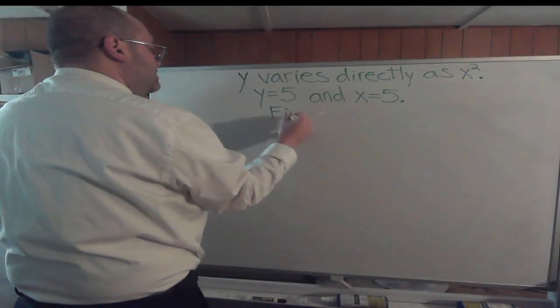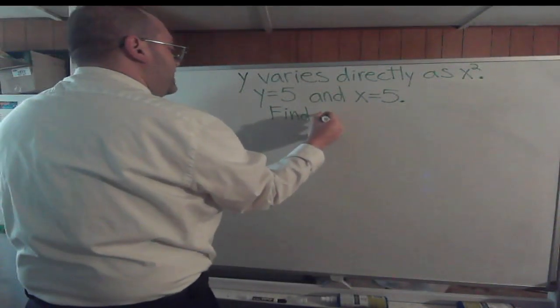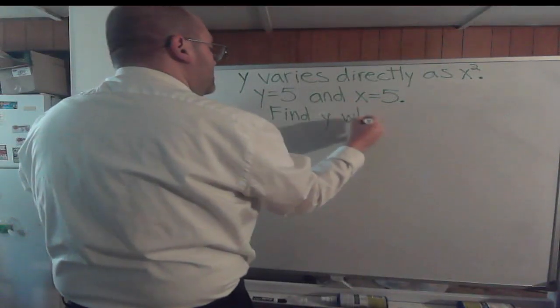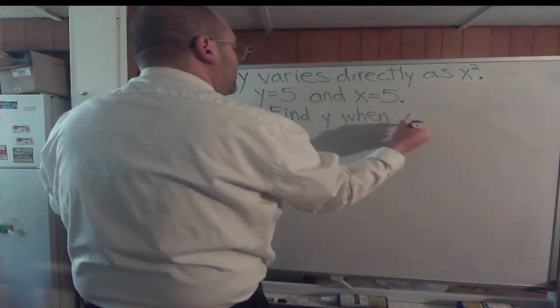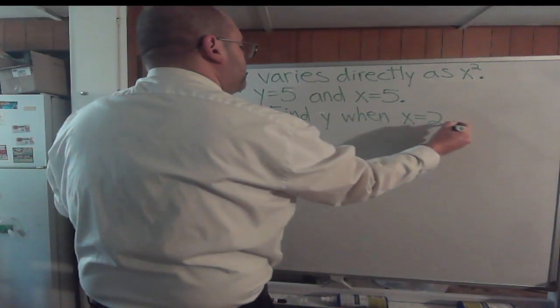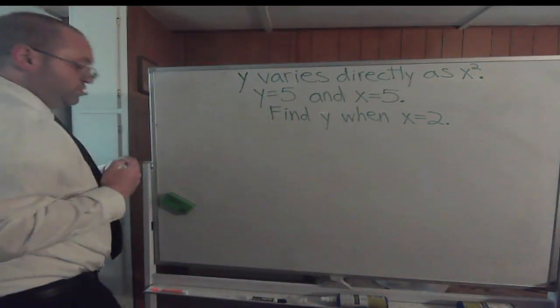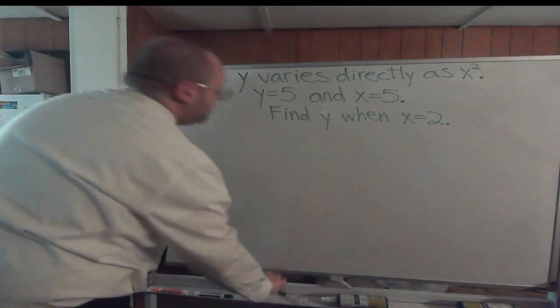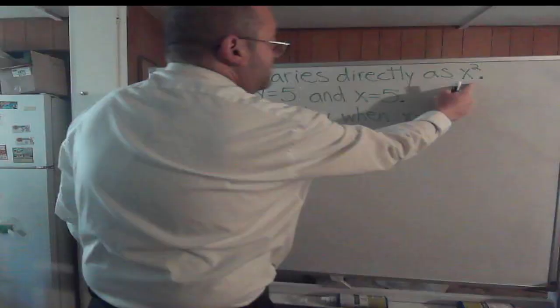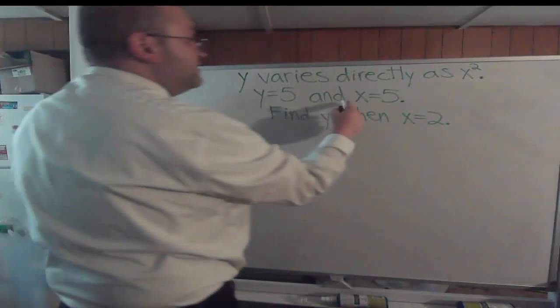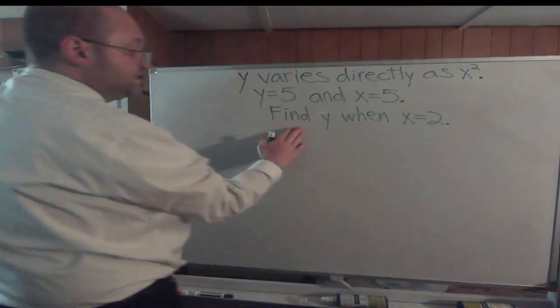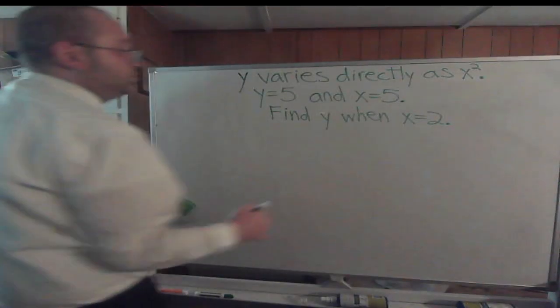Find y when x equals 2. So we start with y varies directly as x squared. Y equals 5 and x equals 5. Then the last sentence tells you find y when x equals 2.